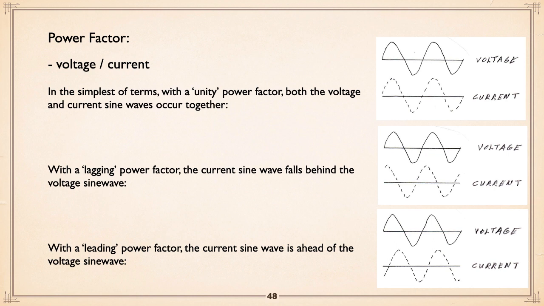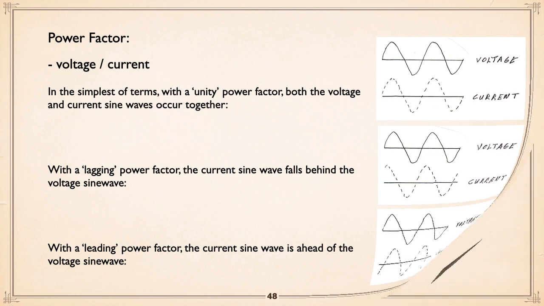However, if you have a lagging power factor, then the current sine wave will fall behind the voltage. Now the voltage one is leading. If you look at the voltage one here, in the middle drawing, the minimum voltage there, and below it the current, it's fallen back a little bit. Conversely, if you have a leading power factor, the current goes ahead.